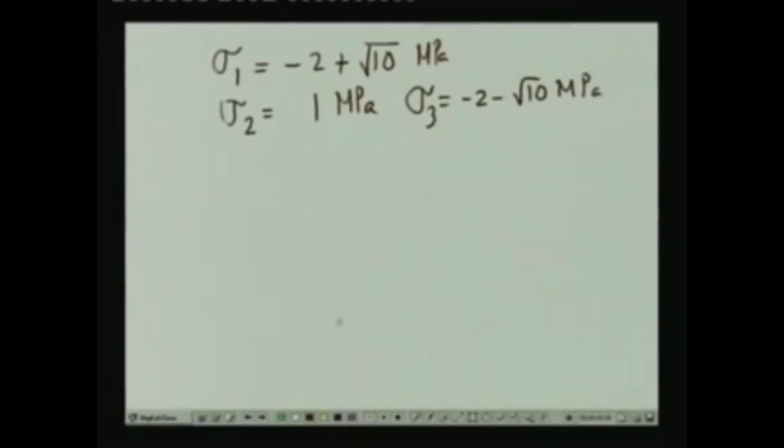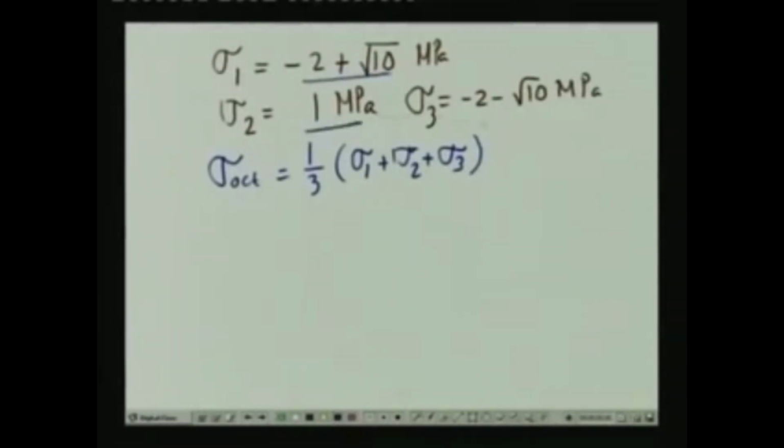Now, as we have seen in the beginning itself, the value of sigma octahedral is equal to 1/3 of (sigma 1 plus sigma 2 plus sigma 3). Here the values of sigma 1, sigma 2 and sigma 3 are given.